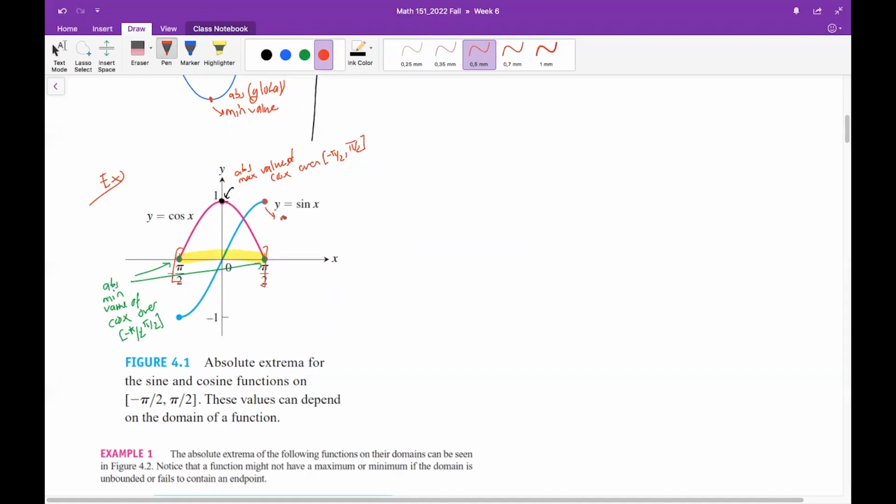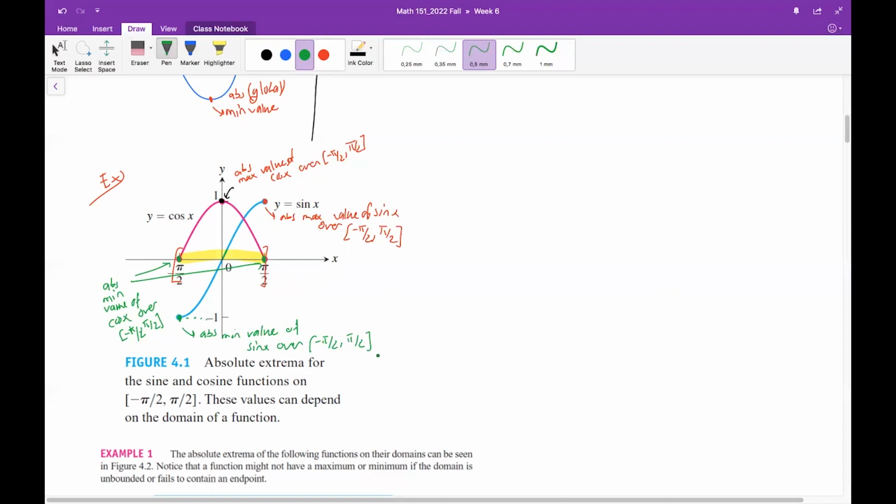That's why let's call it the absolute maximum value of the sine x function over which domain? This one. And let's search for the lowest value, obviously here. This is the absolute minimum value. What is that value? Minus 1, right? The absolute minimum value of sine x over the given domain.